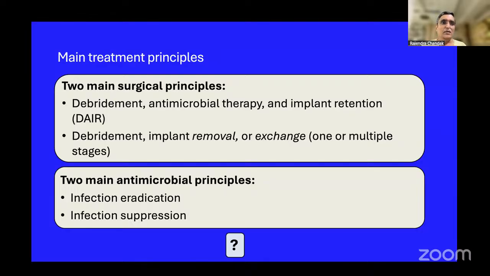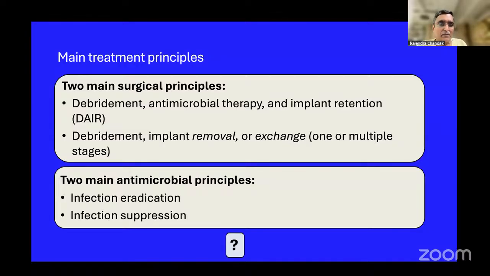One, debridement, antimicrobial therapy, and implant retention, what we call as a DAIR procedure. And if infection is not getting control, or if patient comes late or with comorbid condition, then debridement, implant removal occasionally also is required, or an exchange would be required.